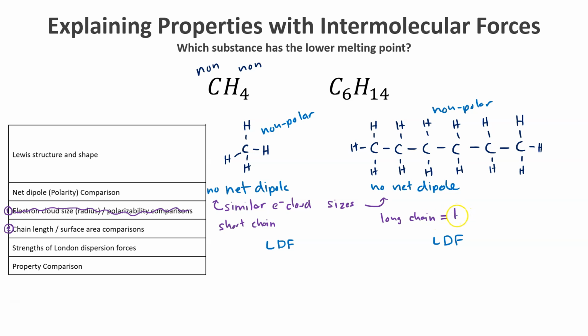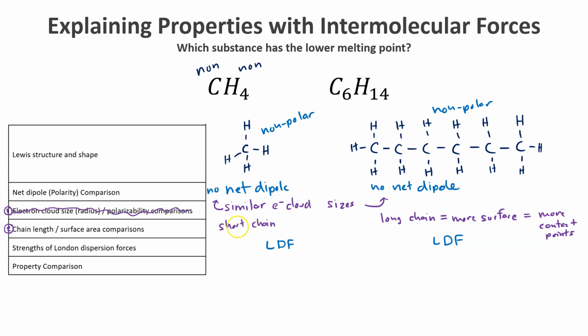The longer chain results in, we'll just call it more surface to keep things simple, and that more surface allows for more contact points, as you'll often see it described. More contact points where hexane molecules can come into contact with one another.